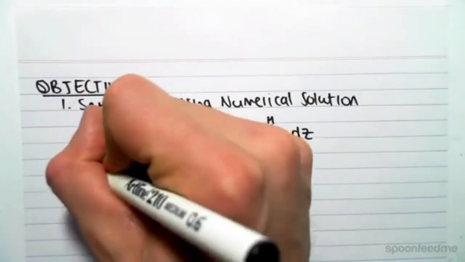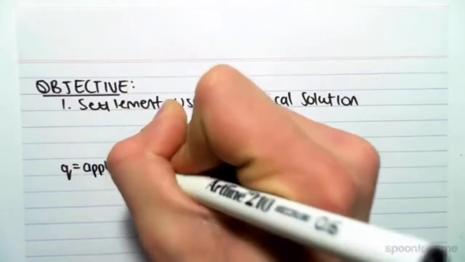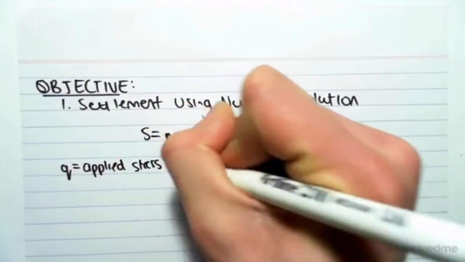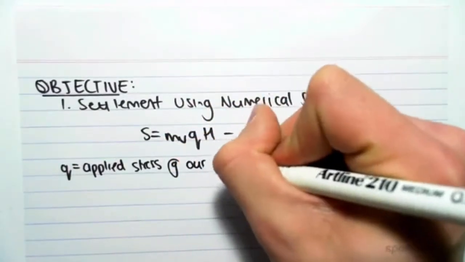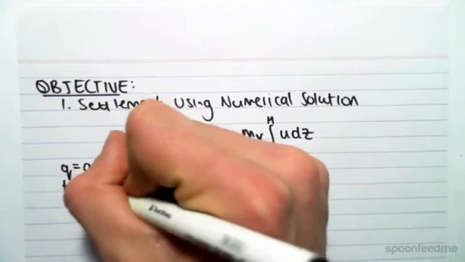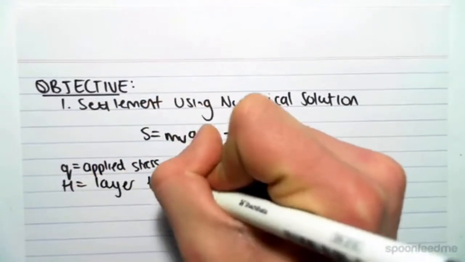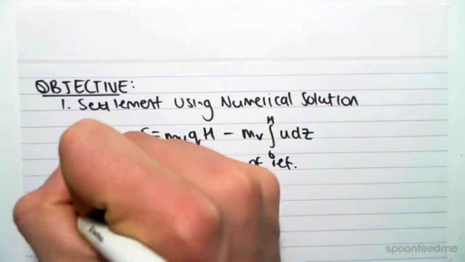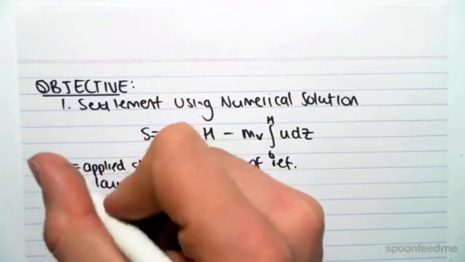q is equal to the applied stress at our time of reference. H is the layer thickness. m_v will be given to us, it's a constant value.